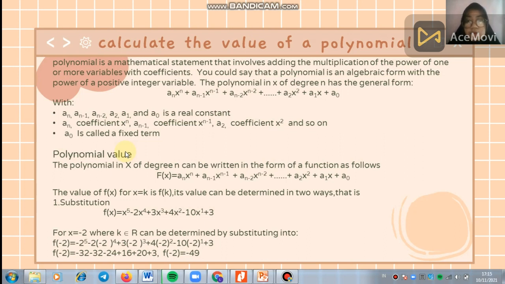The value of f(x) for x equals k, that is f(k), can be determined in two ways.